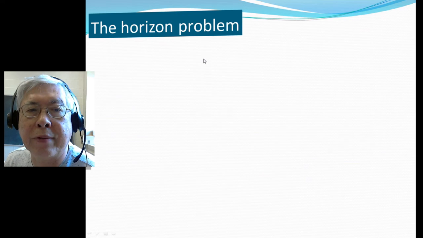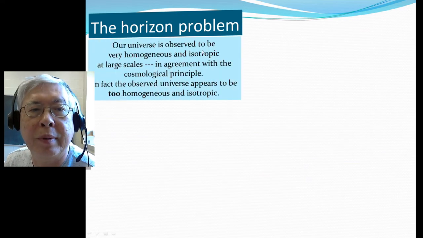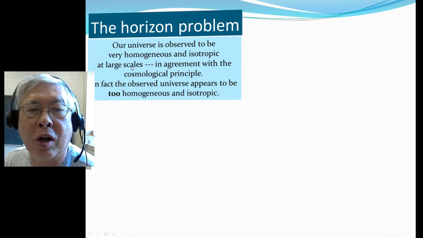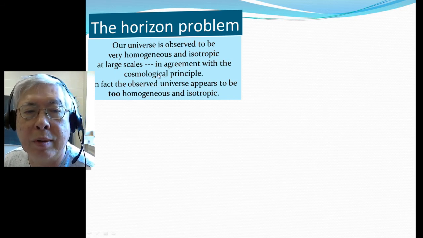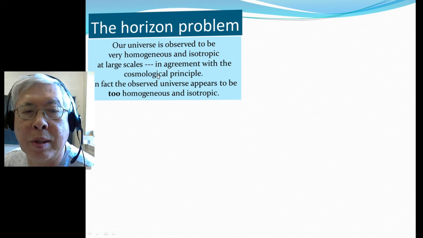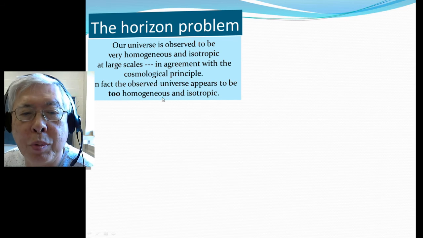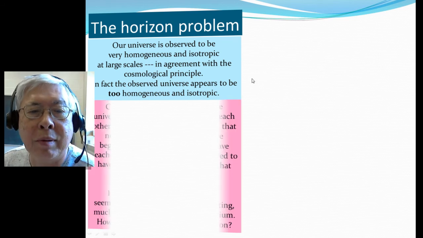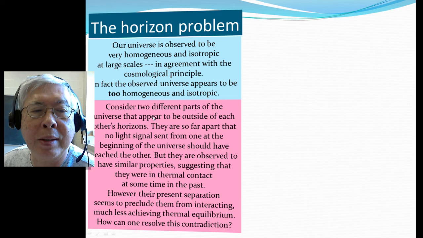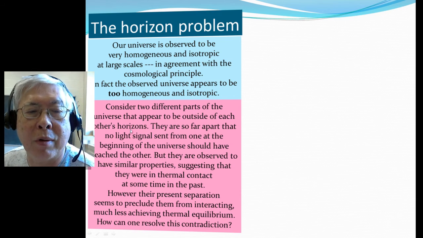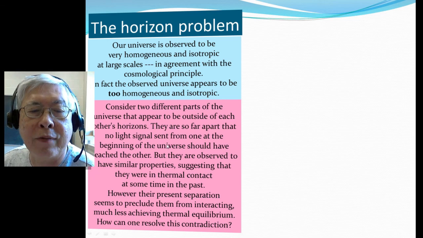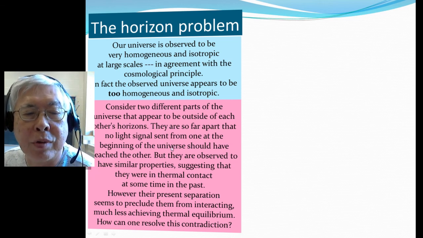Besides the flatness problem, there is also the horizon problem. Our universe is observed to be very homogeneous and isotropic at large scale, in agreement with our working hypothesis, the cosmological principle. In fact, the observed universe appears to be too homogeneous and isotropic. What do I mean by that? Consider two parts of the universe that appear to be outside each other's horizon. They are so far apart that no light signal sent from one part at the beginning of the universe would have reached the other.